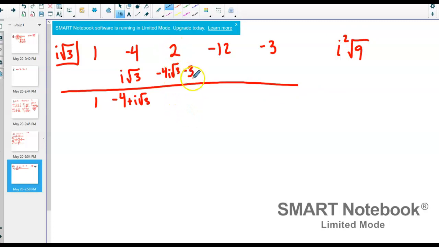So then we can add the 2 to that, which will give me negative 1, and then minus 4i square root of 3. Then I multiply again. That gives me negative i square root of 3 from that one. And then I get 4i times i, which gives me 4i squared, and then the square root of 9 again. This will give me negative 4 times 3, which will give me negative 12.